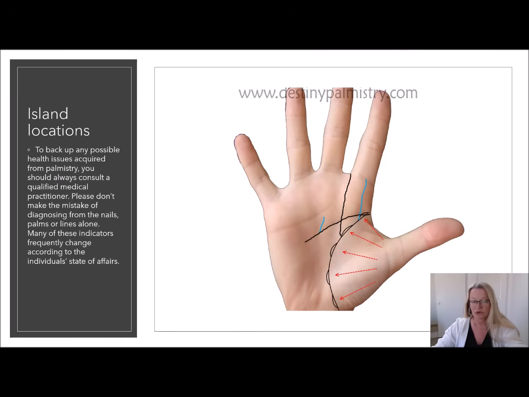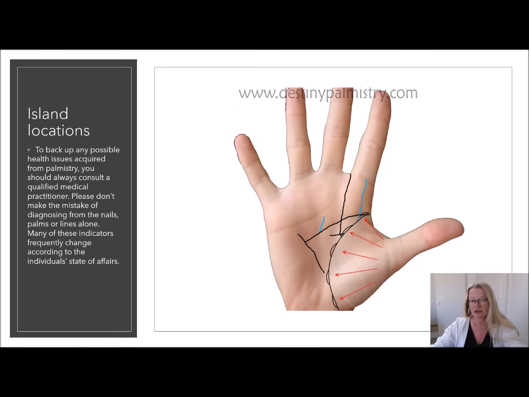So always look at other clues, like is there a travel line emanating out of the lifeline? Is there other marks? Is there health line problems? So the health line, we'll talk about that more in a different video, but the health line is the one that rises towards the pinky from around the lifeline area.